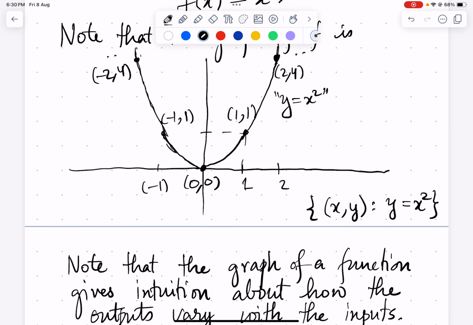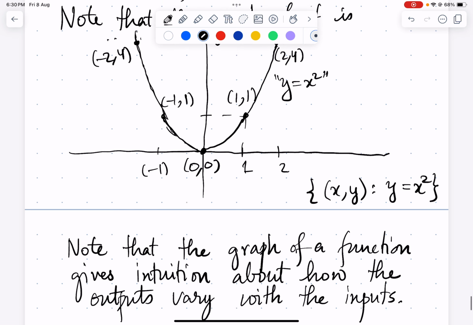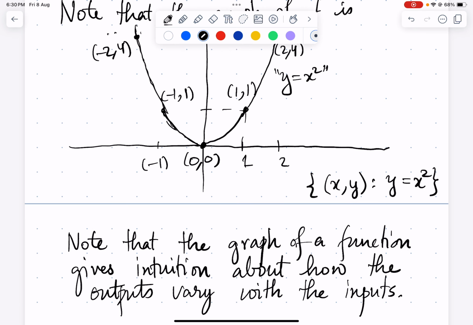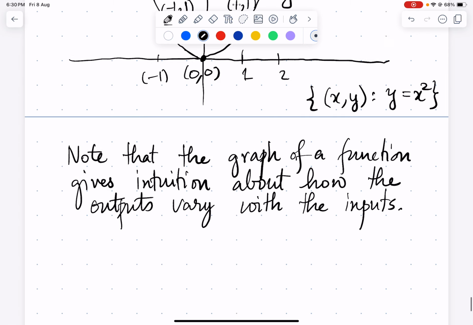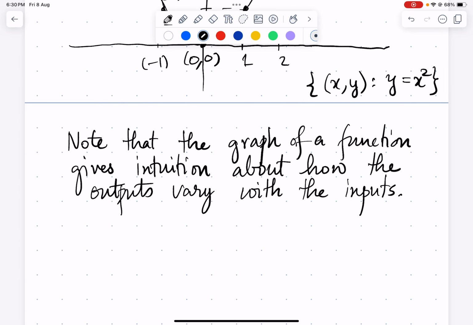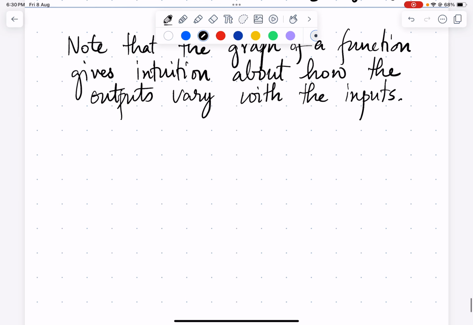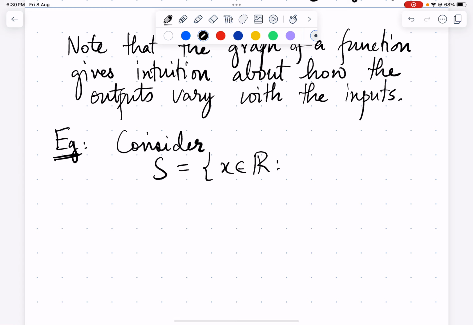So this is the main function of a graph. It gives us intuition about how the outputs vary with the inputs. So just for some more intuition, we'll look at one more example. Consider the set S, which is just the set of all reals which are non-zero.